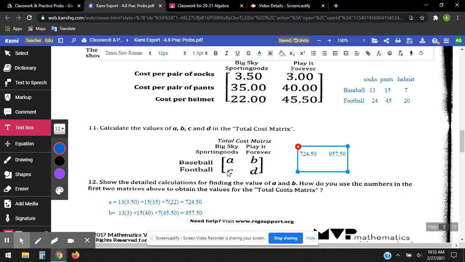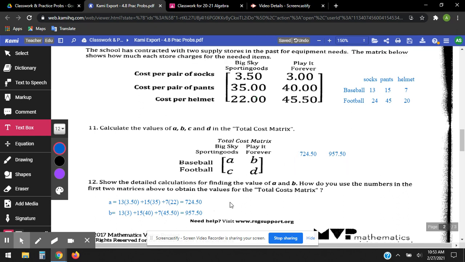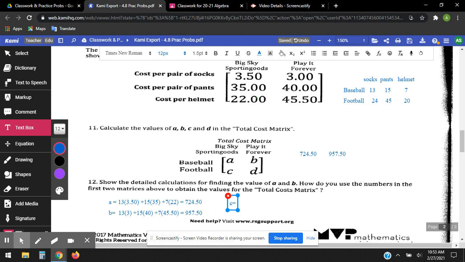Okay, so now we need to do the same thing for C and D. And you know what? I'm just going to go ahead and show my work down here because that's easier for me to work it out.